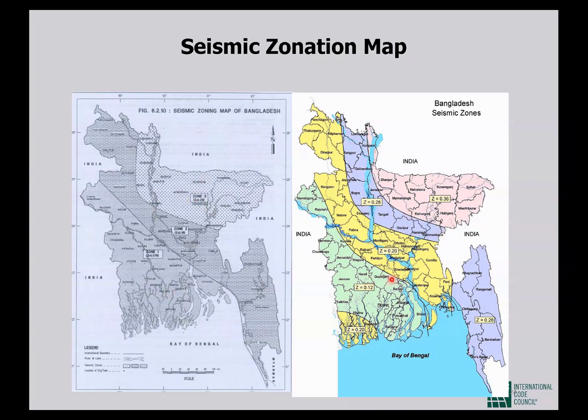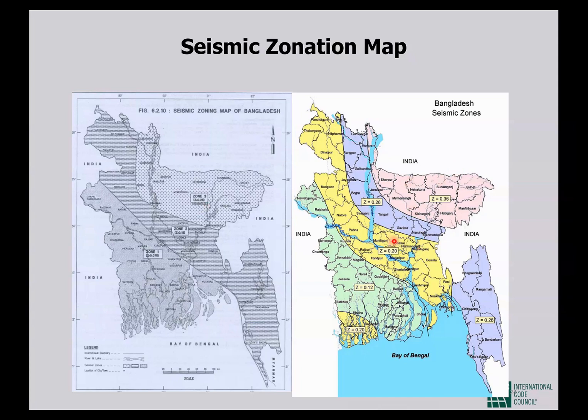Here, as usual with other building codes like ASCE 7, the maximum considered earthquake, MCE, has been considered for this zonation map.